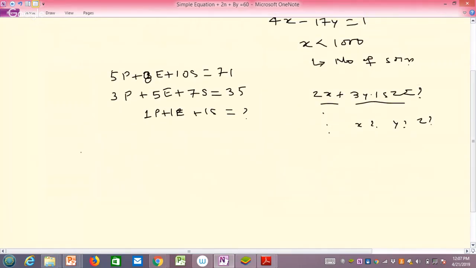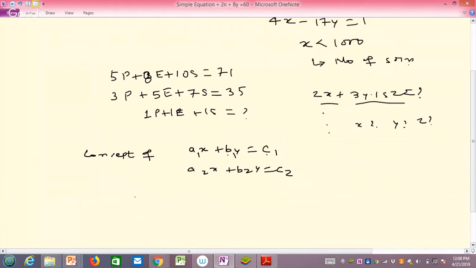You can also have to see the concept of, if there are two lines a1x plus b1y equal to c1, and a2x plus b2y equal to c2, then what are the conditions for which this system of equations will have no solution?